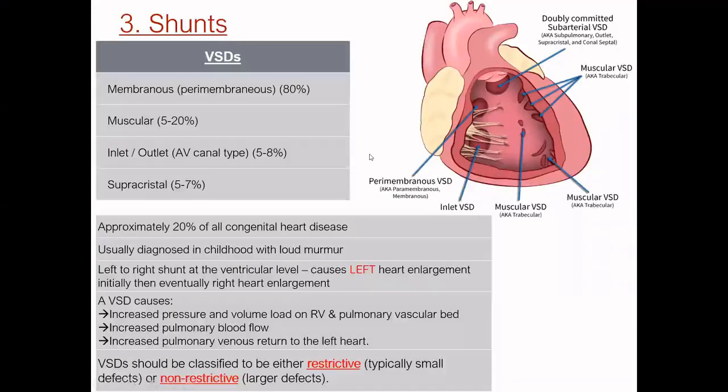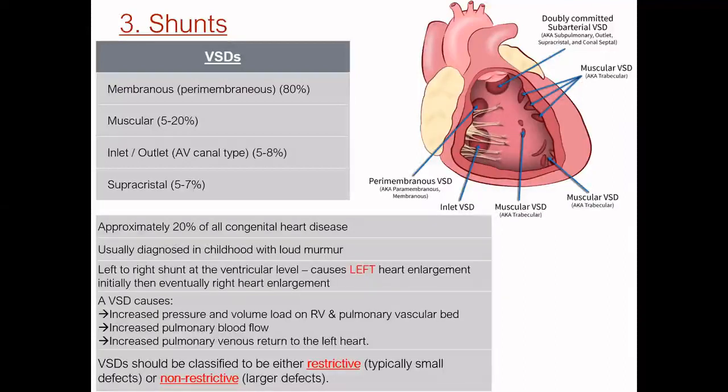So now I'll move on to VSDs. There are 4 different types of VSDs: perimembranous, muscular, inlet, and supracrystal. These account for approximately 20% of all congenital heart disease, and they're usually diagnosed in childhood with a loud murmur.